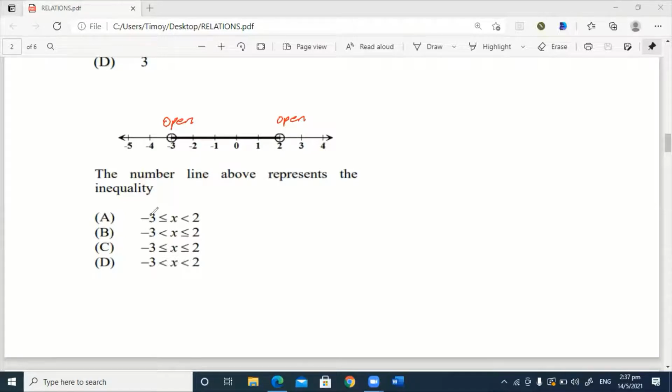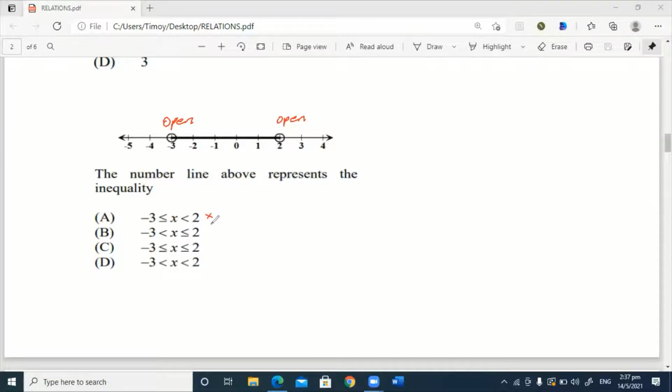Now, when you look at option A, the line underneath the inequality symbol means equal to. So if an open circle means that these values are not a part of my solution, then A is not an option. Also, when you look at option B, you see another line under the inequality symbol, which suggests equal to.